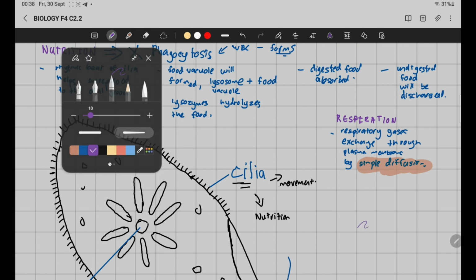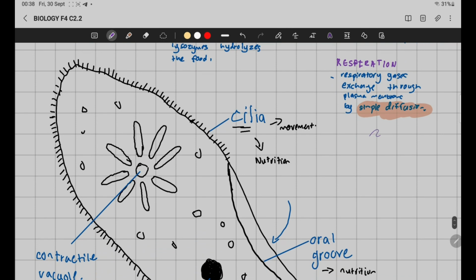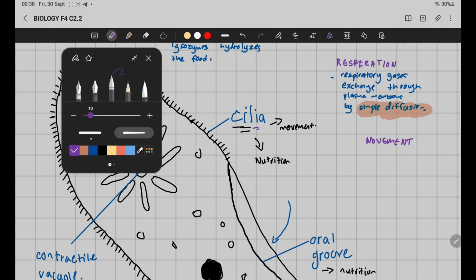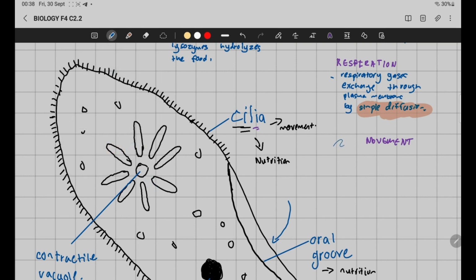Next, movement. As I mentioned before in the nutrition process, these cilia play an important role in movement through the process that we call the rhythmic cilia beat, or in Malay we call it rentak rentas berirama cilia.